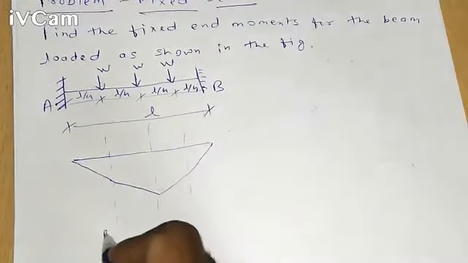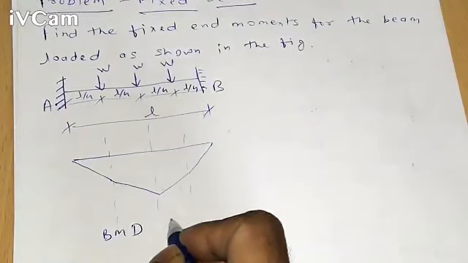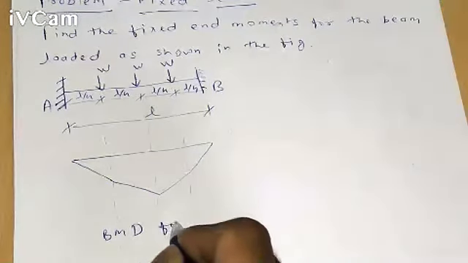So this one is the bending moment diagram for the simply supported beam.